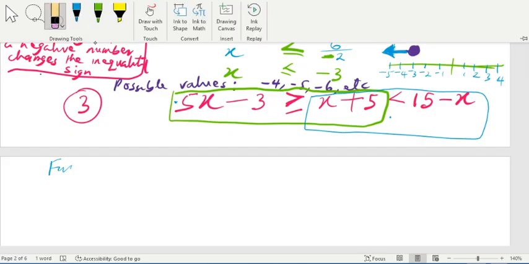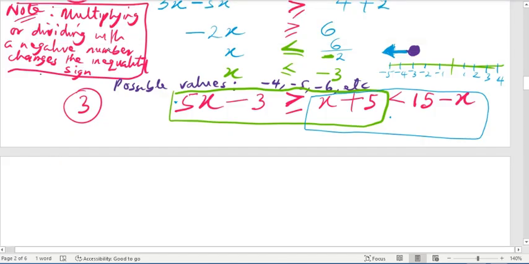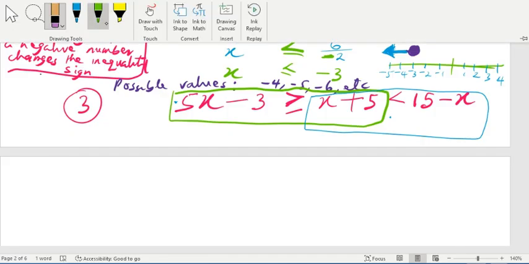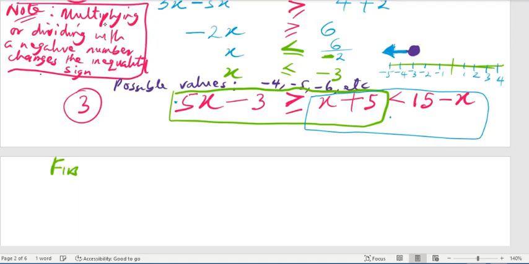So the x moves. Okay, let me write it down. First pair in green, of course. That becomes 5x, right? Yeah. X moves to the other side. What sign does x have? Plus. If it goes to the other side, it becomes what?